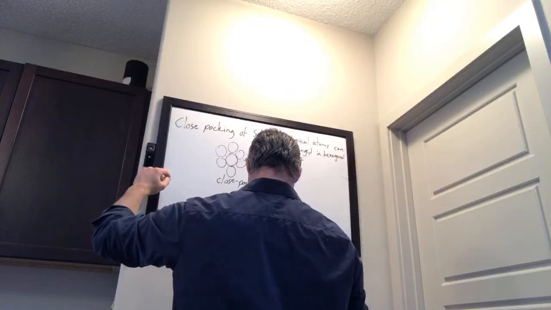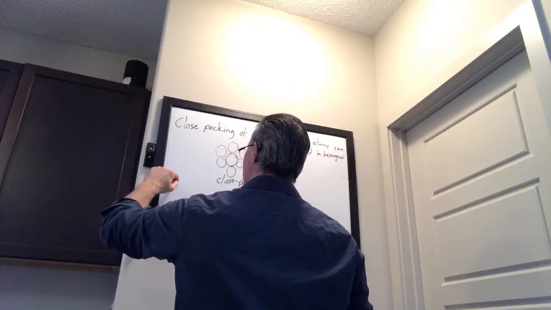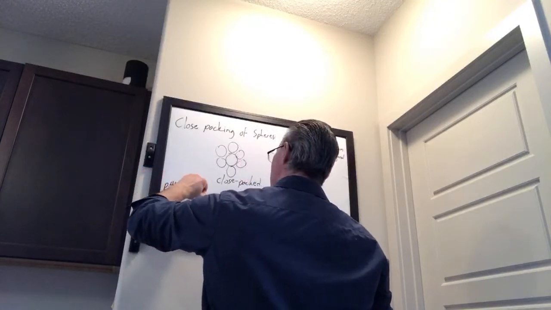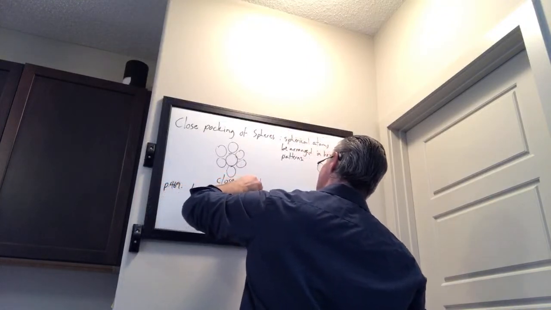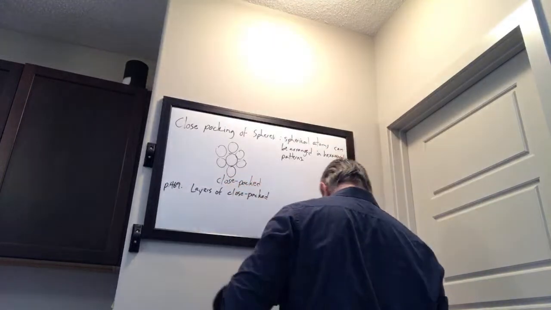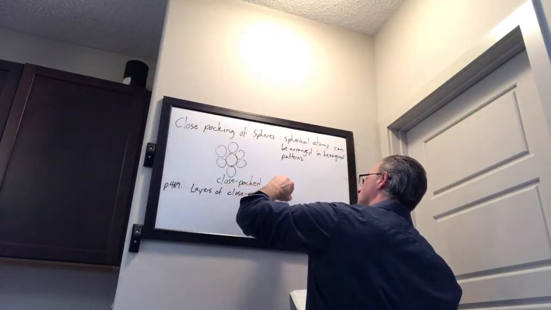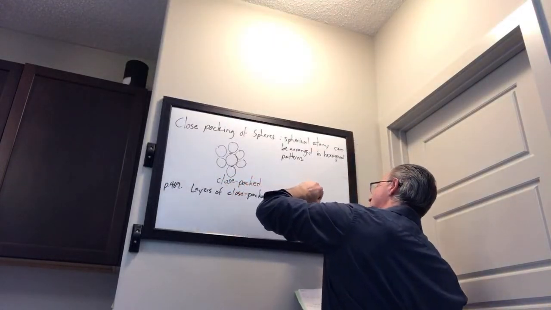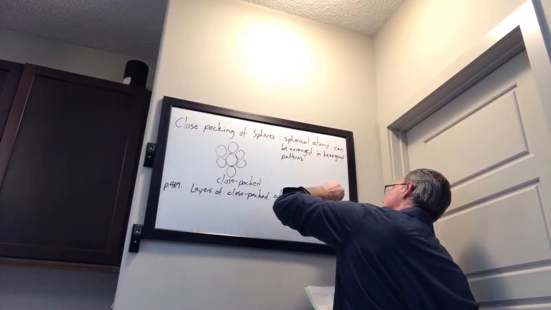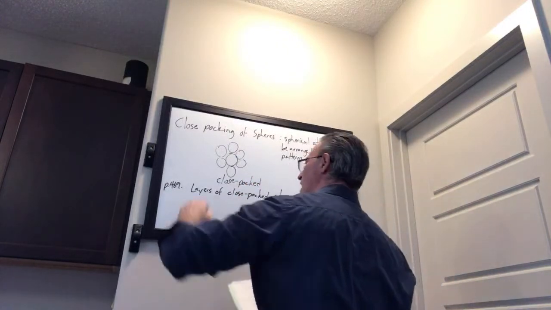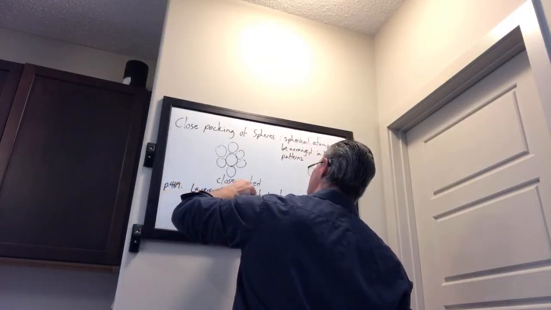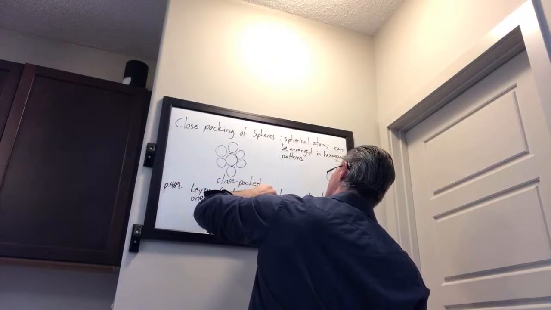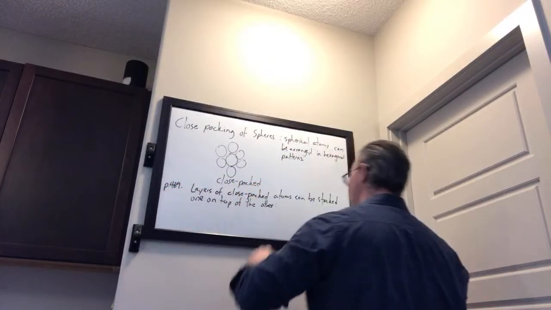So on page 469, it tells you this. Layers of close packed atoms can be stacked one on top of the other. And there's two schemes that you'll see in nature.